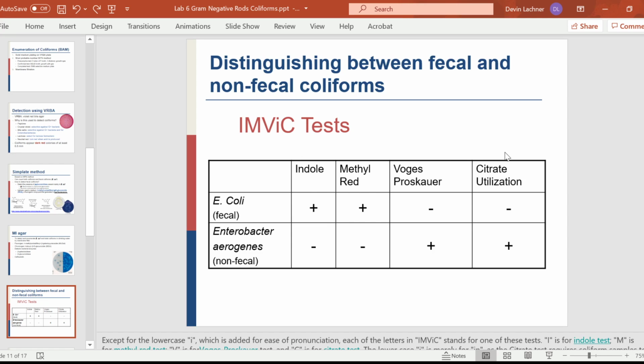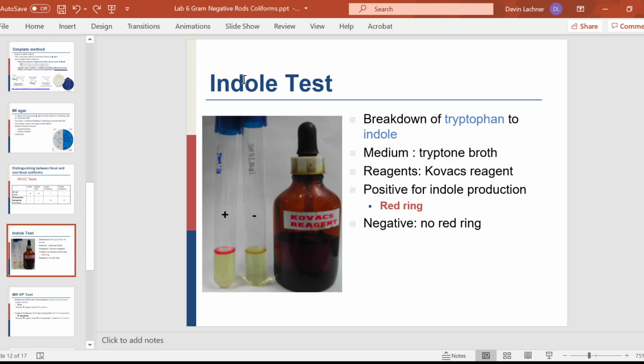Each one of these tests is going to be testing for a different thing, and then based off the four results for your tests, we can determine whether it's E. coli, which is fecal, or Enterobacter, which is non-fecal. The first one is indole, which is going to be testing for the breakdown of tryptophan to indole using these medium reagents, and if it's positive, you're going to get a red ring around the very top. So this is for the indole test.